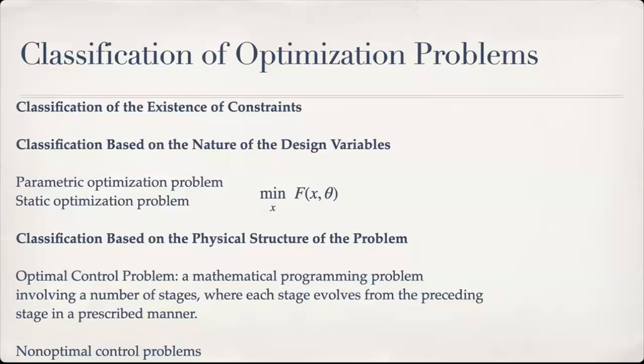After that, we will learn how to solve the optimization problem. We have various types of optimization problems, and of course, each type requires different algorithms. There is no super algorithm that can solve everything.